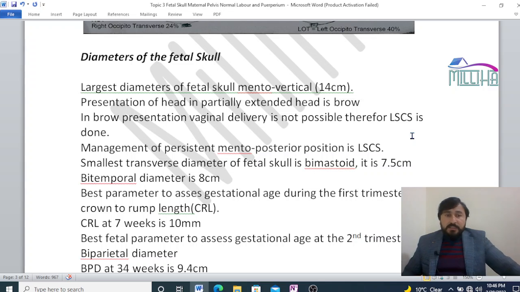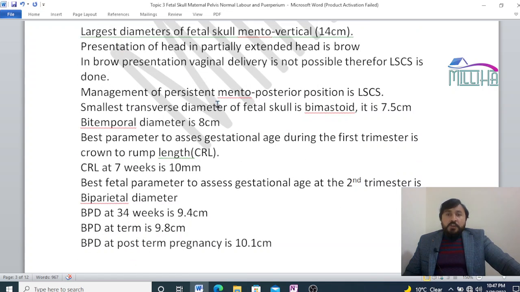It's 14 centimeter, so vaginal delivery is not possible. So you have to do an LSCS, that means low segment cesarean section. Management of persistent mento-posterior position is also LSCS.